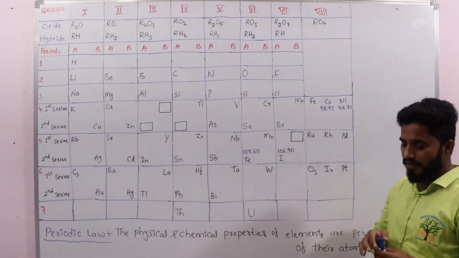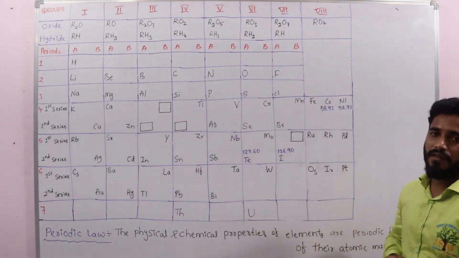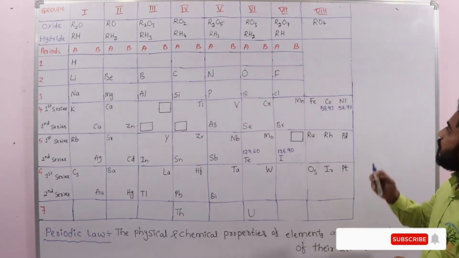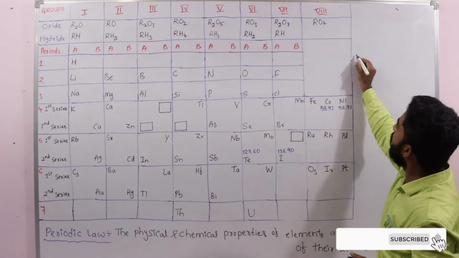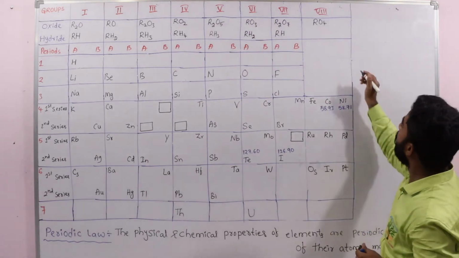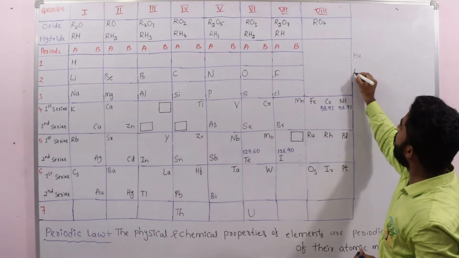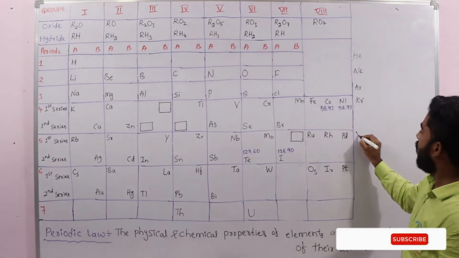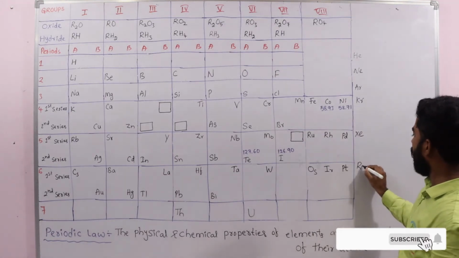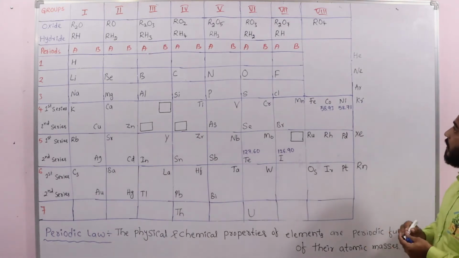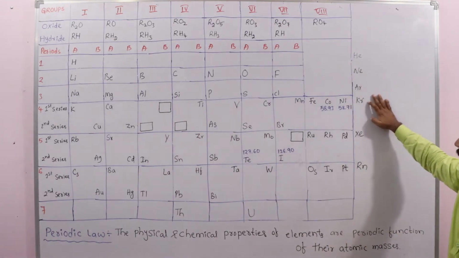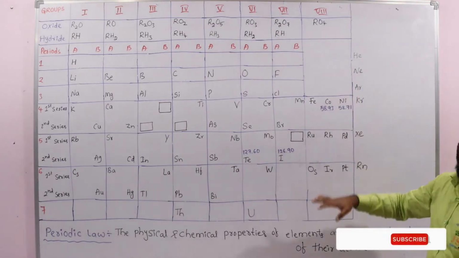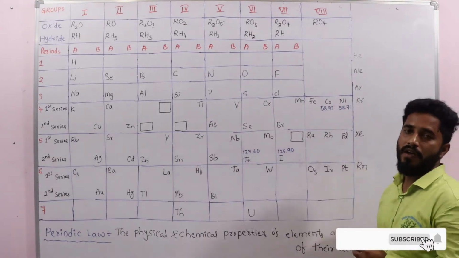Later it was modified, and noble gases were added to this periodic table by Ramsay and Rayleigh. Here: helium, neon, argon, krypton, xenon and radon. These are the noble gases which were introduced into Mendeleev's periodic table by Ramsay and Rayleigh.